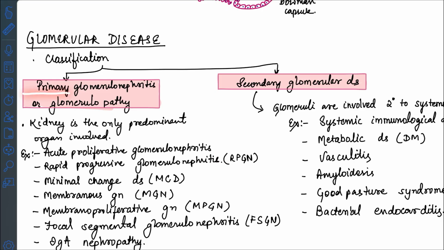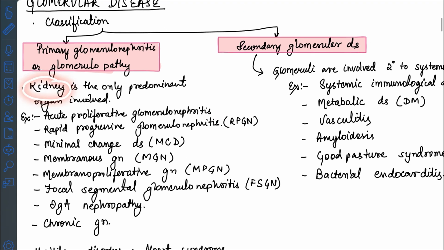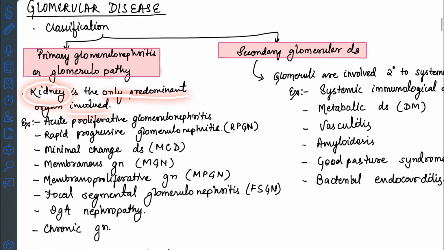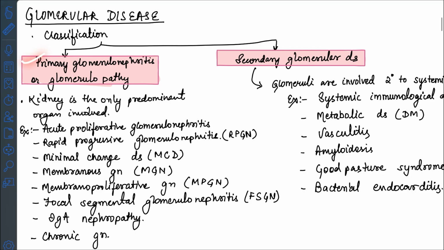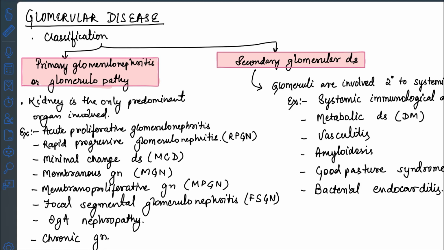They are basically divided into primary glomerulonephritis, also known as glomerulopathy, and then there are secondary glomerular diseases. Primary is where the kidney is the only predominant organ involved. Like in primary disease, other organs like liver, lung, heart are not primarily involved, or not predominantly involved. Those diseases are known as primary glomerulonephritis.